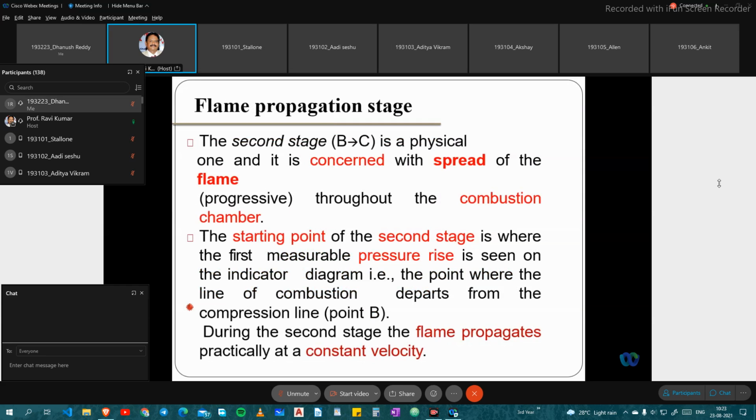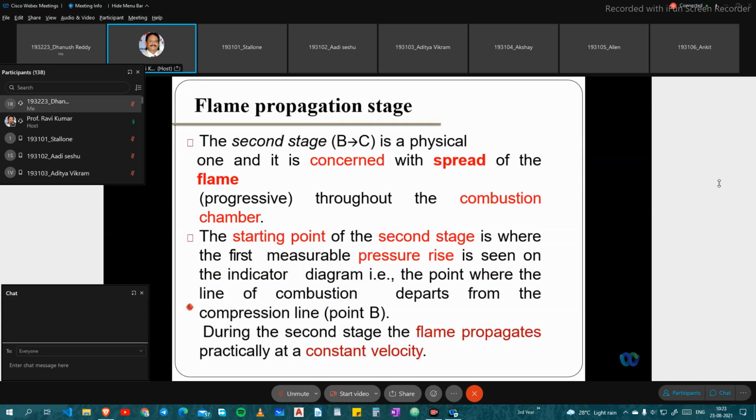Basically, what happens? Whatever mixture has entered the cylinder, we slowly push it, reducing the volume because the two valves will be closed and the piston will be moving from BDC to TDC. We are reducing the volume and increasing the pressure on the homogeneous mixture.